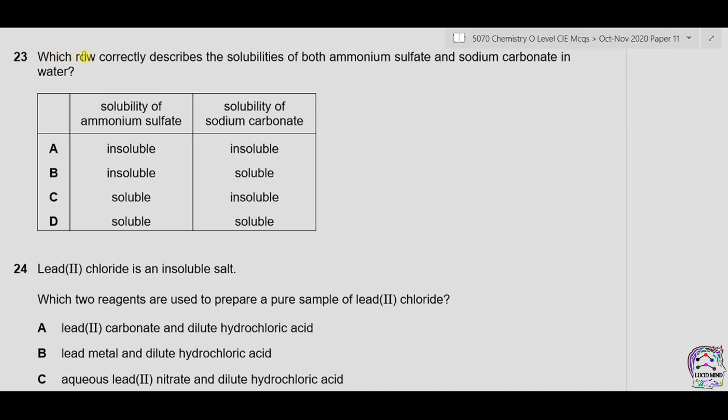Question number 23. Which row correctly describes the solubilities of both ammonium sulfate and sodium carbonate in water? For the solubilities of salts, you should remember that all ammonium salts are always soluble.